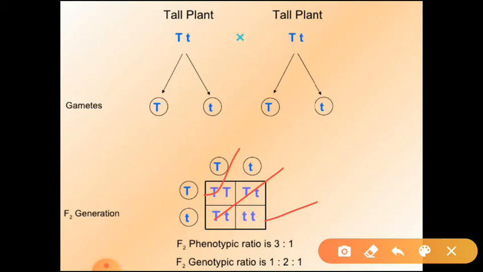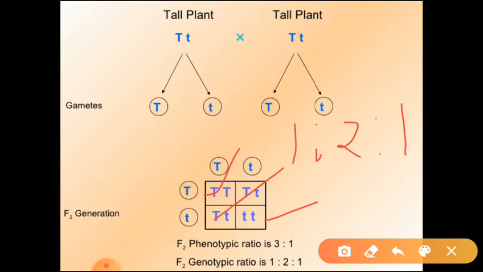What is the genotypic ratio? 1:2:1. 1 means pure tall, 2 means impure tall, and the next one means pure short. Is it clear? So this type of cross we call the monohybrid cross.